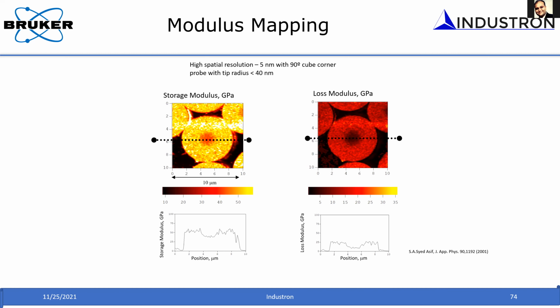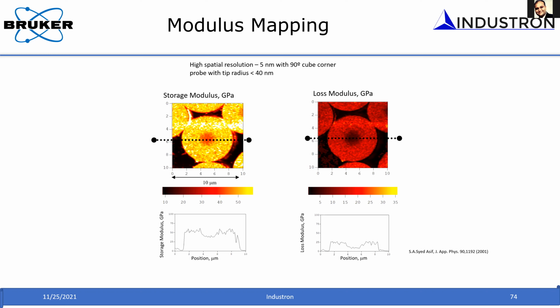To get an equivalent amount of data, you may have to do something like 40 days of individual indents, point by point, 256 by 256 points. Whereas with the imaging technique, by simply scanning on the surface, applying an oscillatory force and measuring the oscillatory displacement, you can do this in 10 minutes. That gives you the power to look at the property as a map, and it helps in many situations.